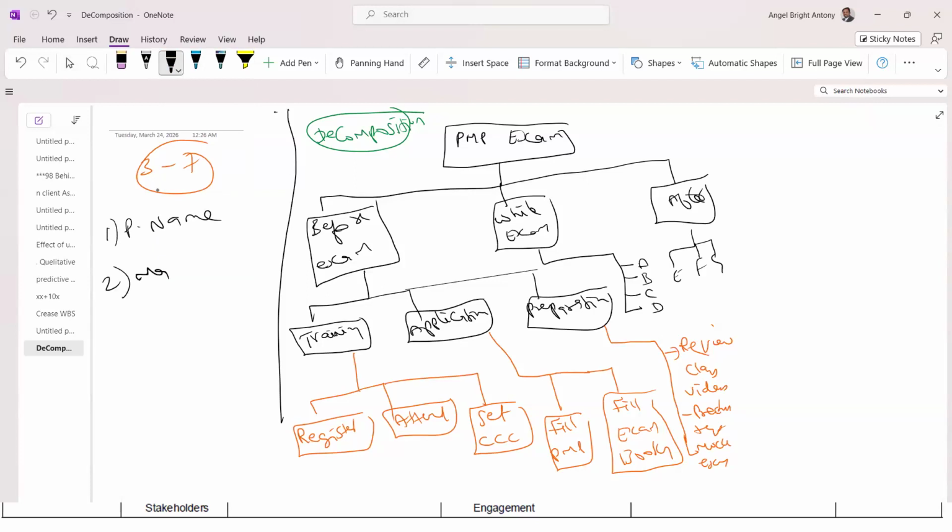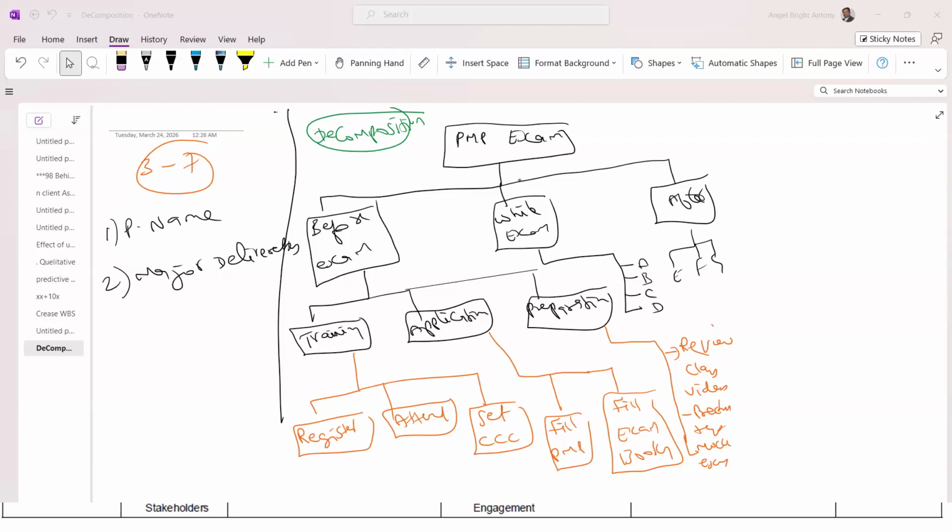Level 2, major deliverables. If you remember the concept we discussed in the last class, major deliverables of the project will be documented in the scope statement. So one of the inputs for creating your work breakdown structure is your project scope statement. The name of the project, as well as the key deliverables, you will have in your scope statement.